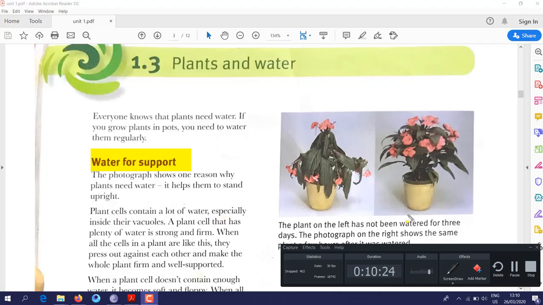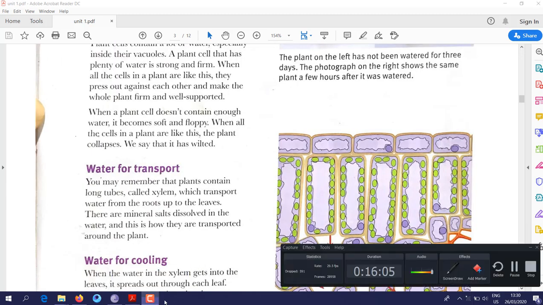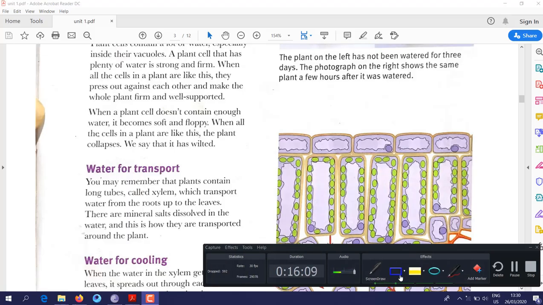For example, if you take a look now at these two plants, we said in photosynthesis, plants will need water. So how does this water go up from the soil to the stem and then to the leaves? It's through these tubes.